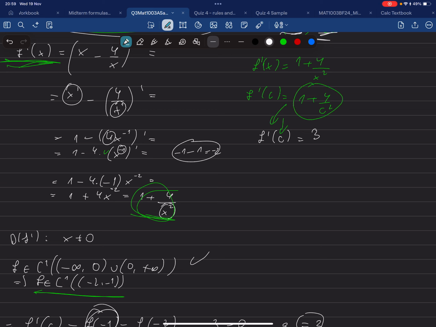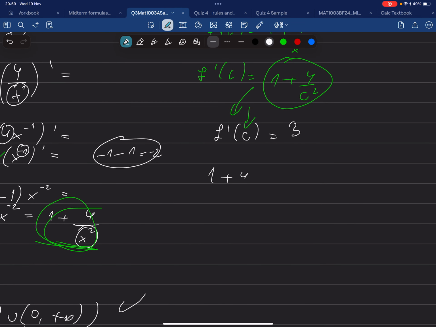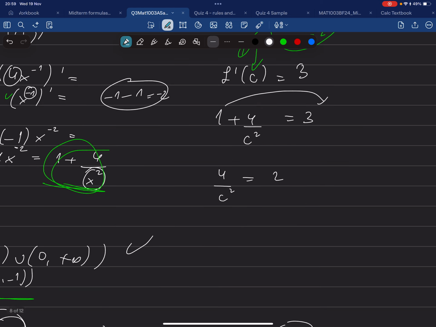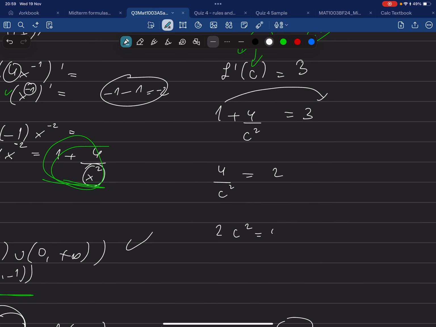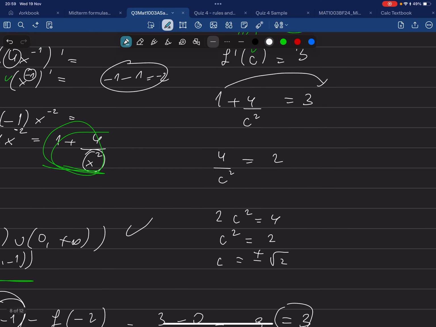So I'm going to have 1 plus 4 over c squared equals 3. 4 over c squared, I'm just bringing this to the other side. It's going to be 3 minus 1, which is 2. 2 times c squared equals 4. C squared equals 2. Therefore, c is going to be plus minus square root of 2, right?